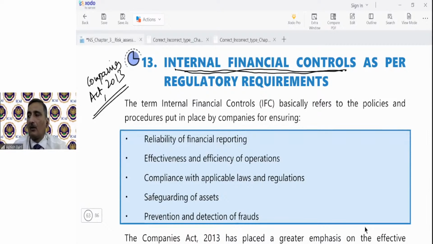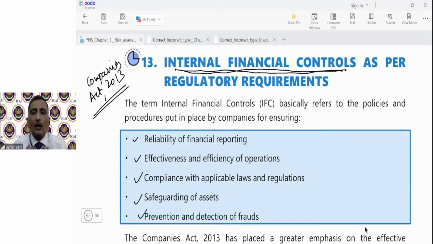These basically mean generally what we had studied in internal control, like reliability of financial reporting, effectiveness and efficiency of operations, compliance with applicable laws and regulations, safeguarding of assets.